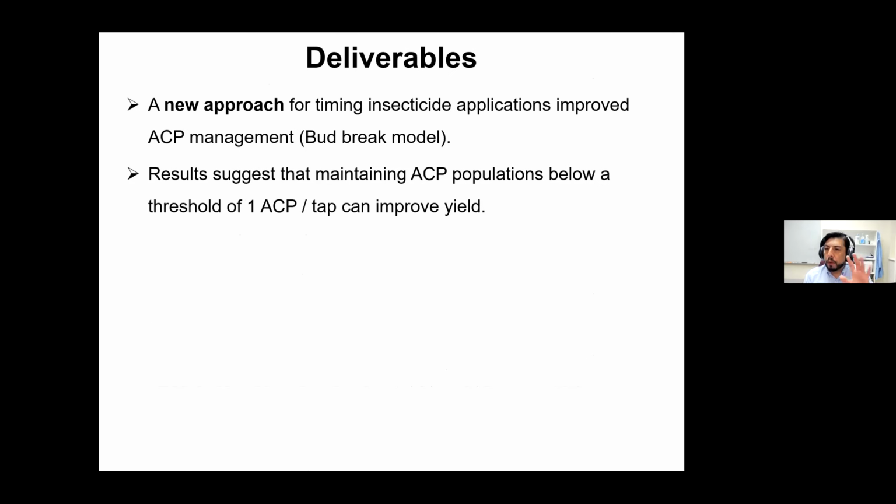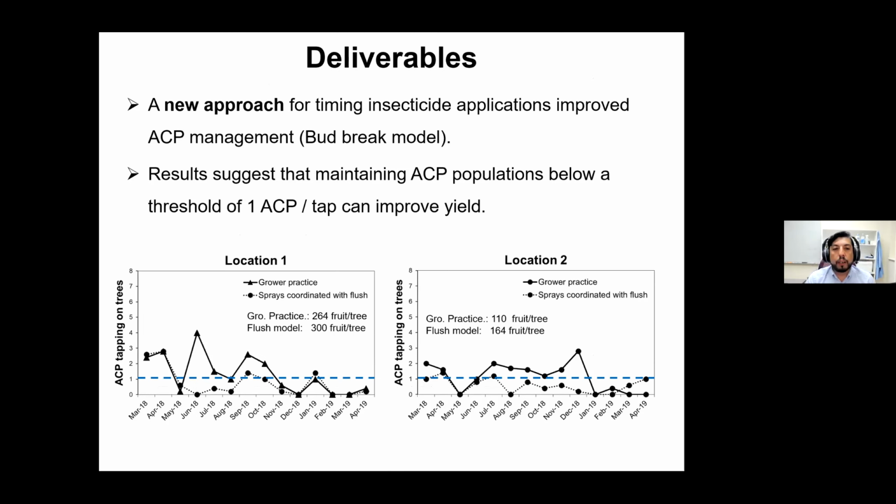So what we deliver in Florida is a new approach for timing insecticide applications, improving ACP management, that we call the bud break model. The results suggest that maintaining an ACP population below a threshold of 1 ACP per tap can improve fruit yield.